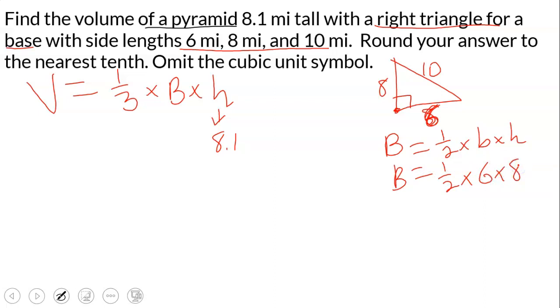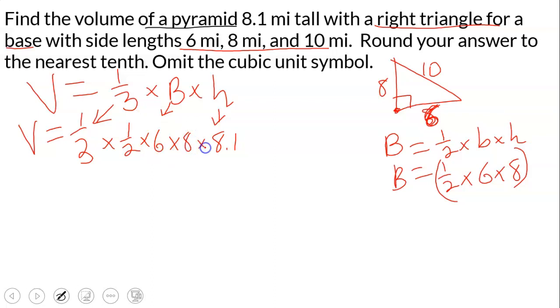Okay, so this is the whole thing that represents this base here. Since it's all multiplication, we can bring everything in here and then simplify. So this is 1/3 times the base, which is 1/2 times 6 times 8, and then times the height. Since it's all multiplication, you can plug it into your calculator like that, so let's do that.